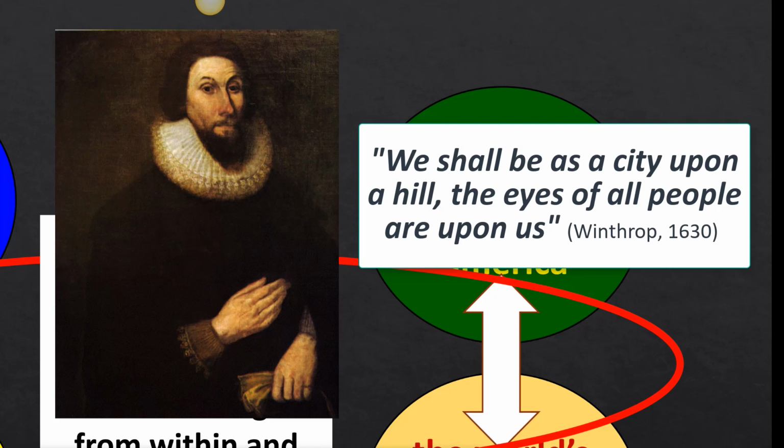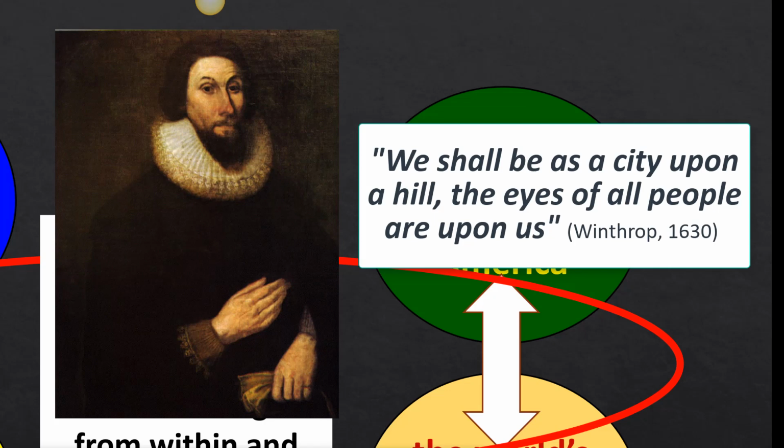So Winthrop was actually using the city upon a hill metaphor as a cautionary tale and not necessarily describing this shining ideal of this new Jerusalem that everyone was just going to love as a place where they could enjoy freedom.